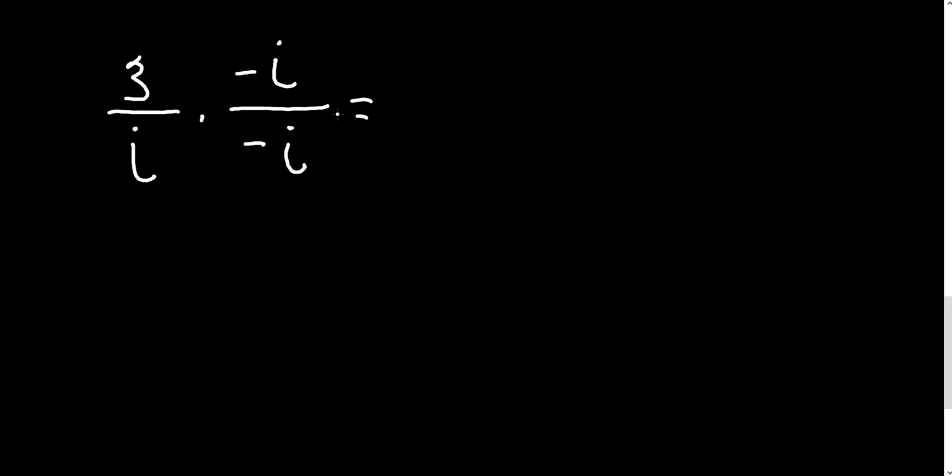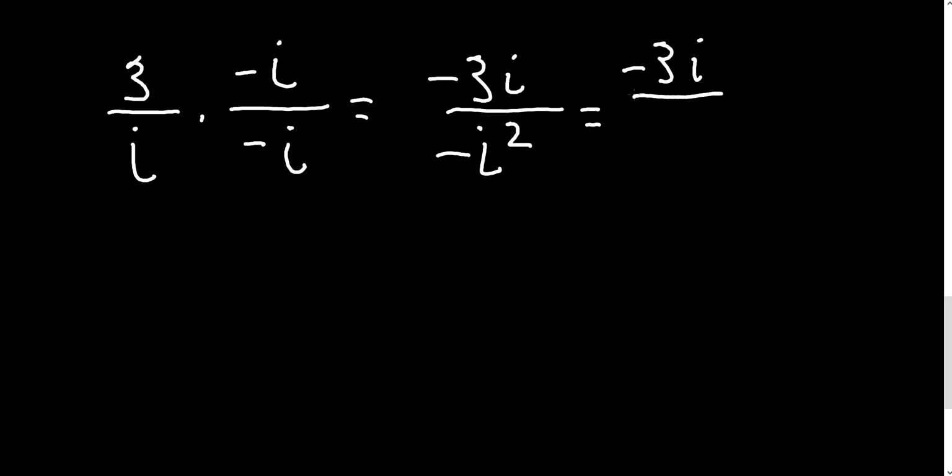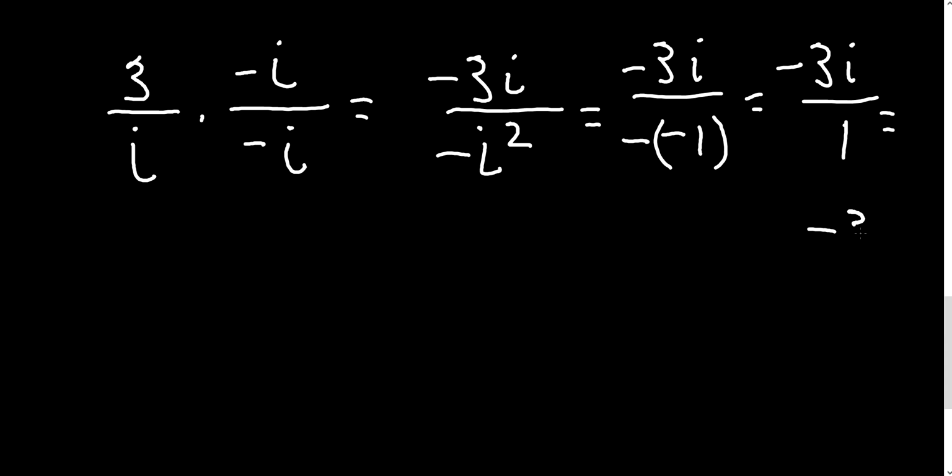I've got negative 3i over negative i squared. And again, i squared is negative 1. So this is going to be negative 3i over negative 1, which is negative 3i over positive 1, which equals negative 3i.